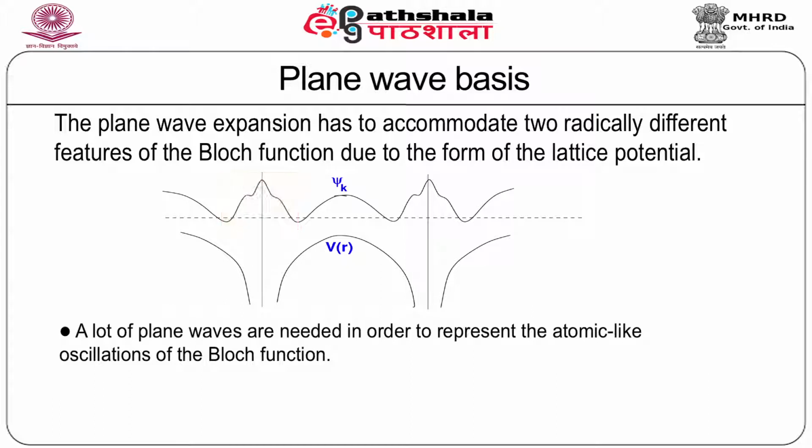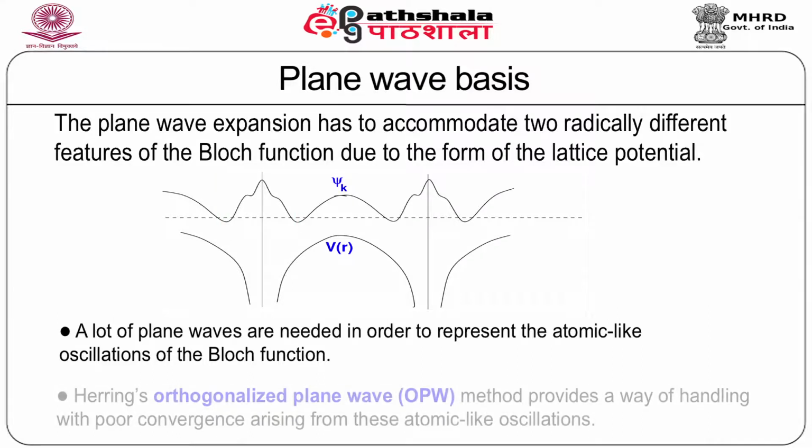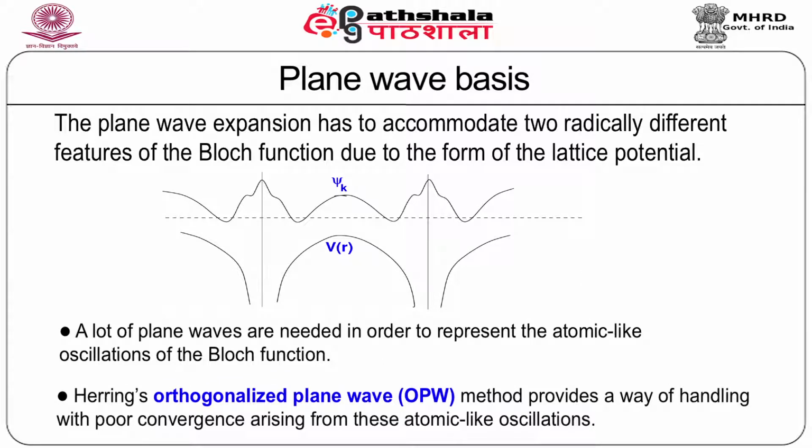For this region, the plane wave expansion will actually need a lot of terms to converge. The orthogonalized plane wave concept, or the method given by Herring, provides a way of handling the poor convergence of this plane wave expansion arising from these atomic-like oscillations.